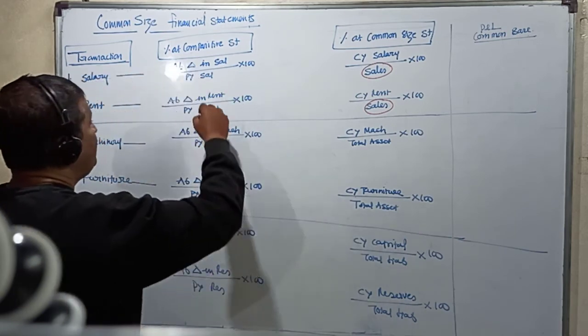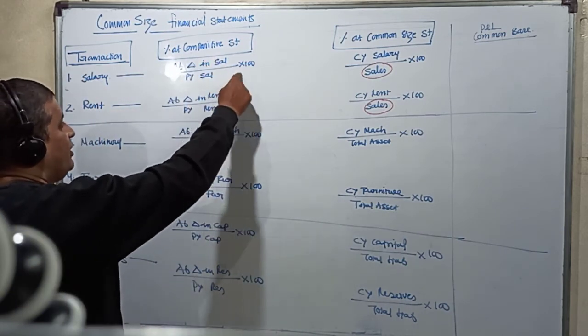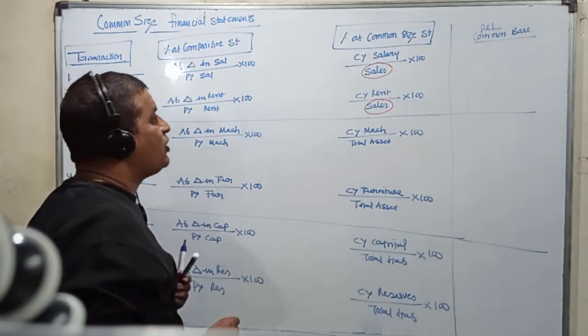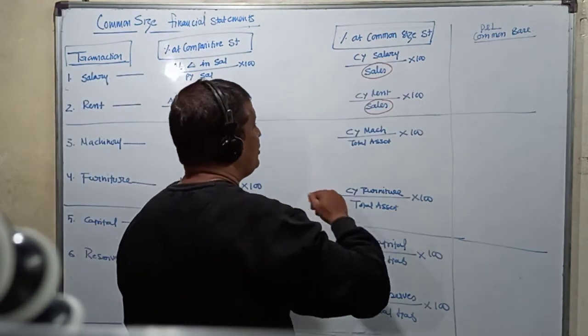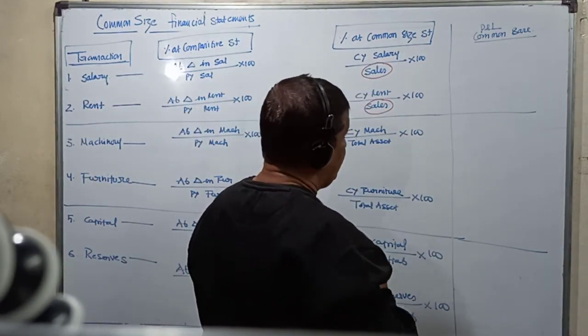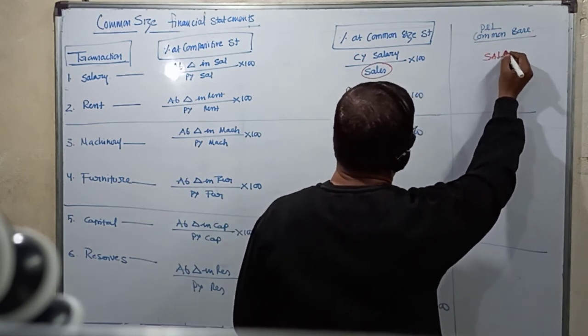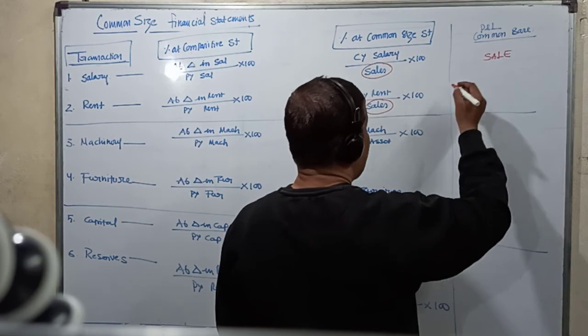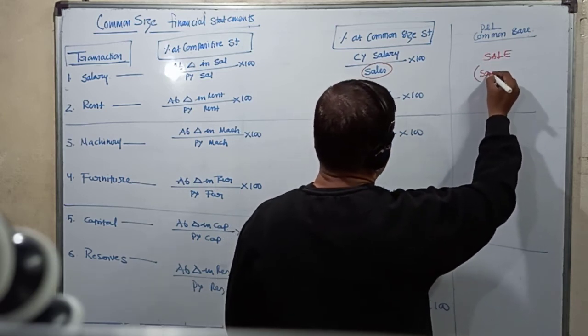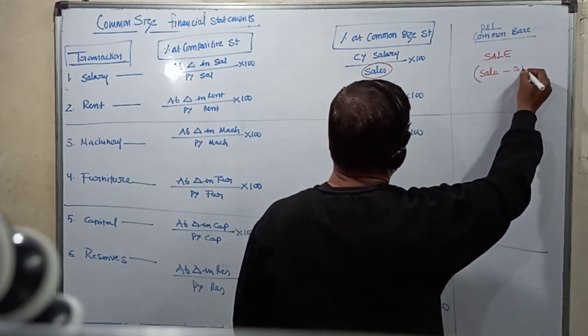Unlike here, salary by salary into 100, rent by rent into 100. It is not like that. It is salary by sales into 100, rent by sales into 100. So the common base in the profit and loss account is what? Sale. And I told you sale always means net sale, that is sales minus sales return.